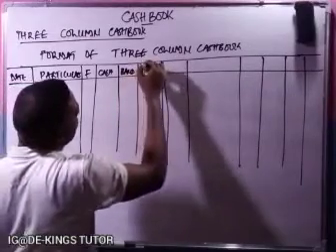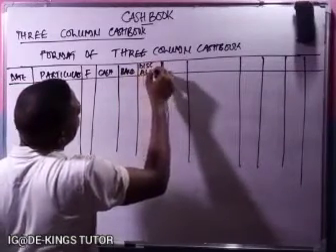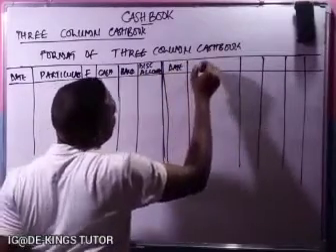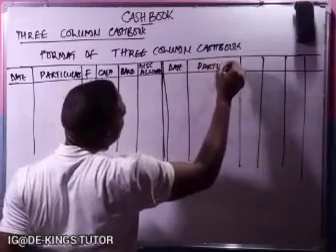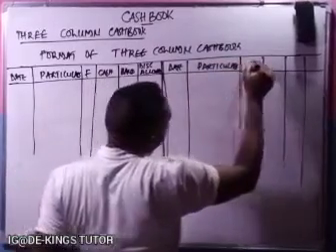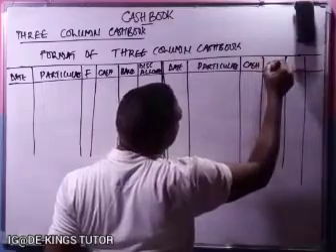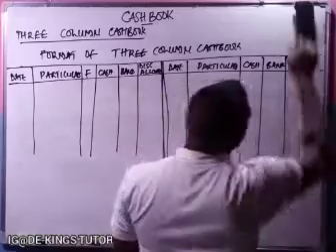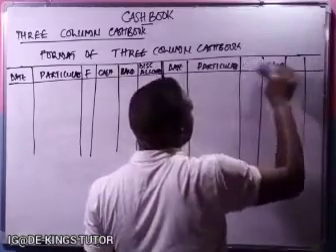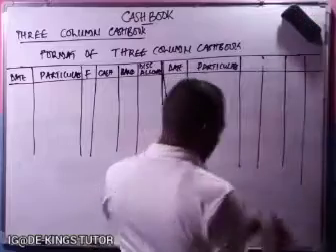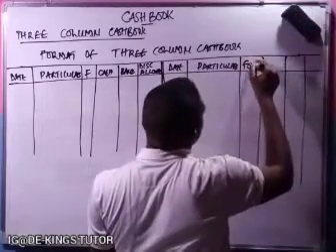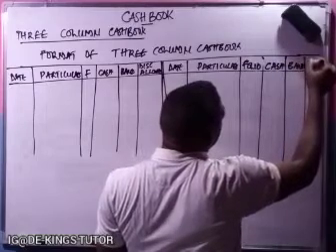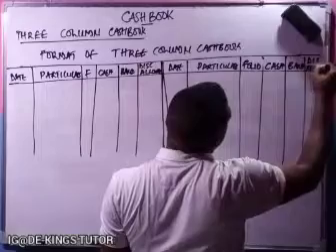They will call this one discount allowed. This is the date at the credit, these are particulars, this is folio, this is cash, this is bank, and this is discount received.